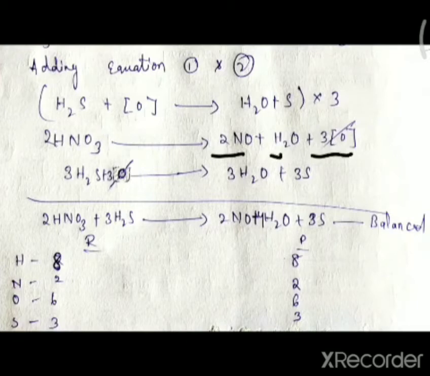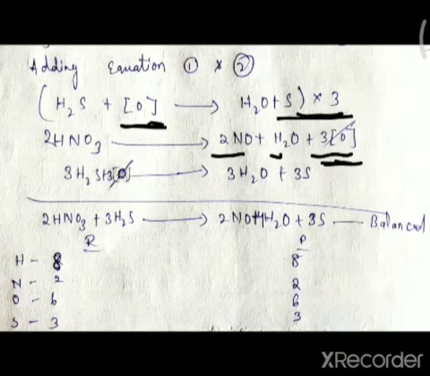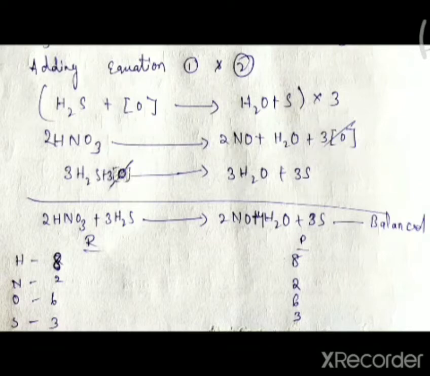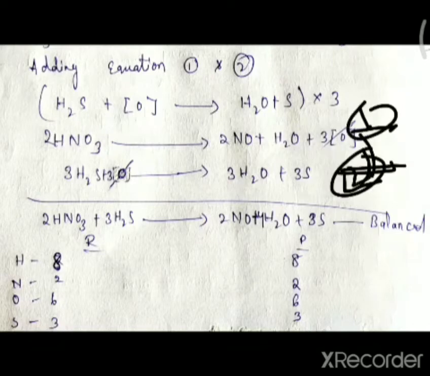So here you can see this nascent oxygen is common in both equations. So to cancel the 3 atoms of nascent oxygen, we will multiply the first equation by 3. So what we'll get? We'll get 3H2S, 3O, 3H2O and 3S. Now we will add these two equations only.